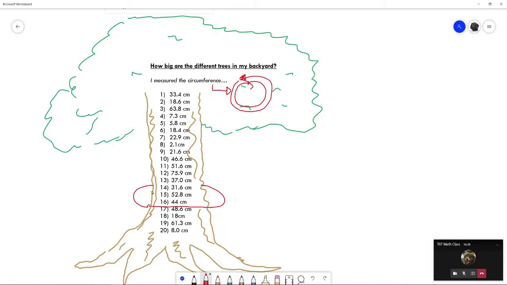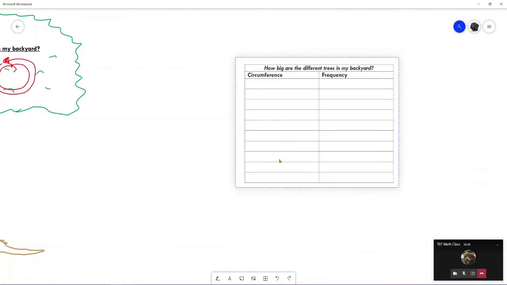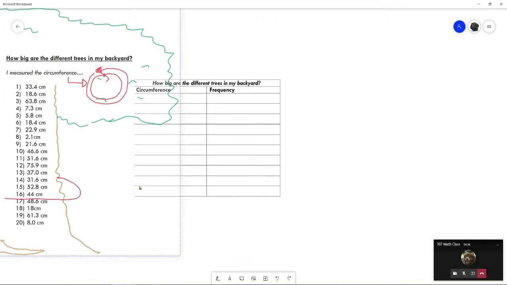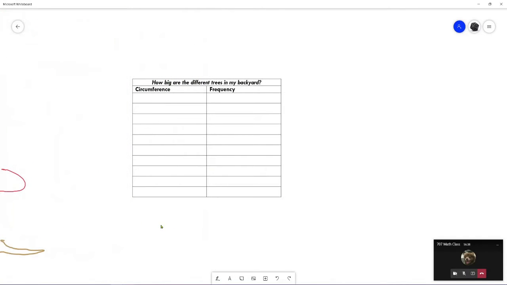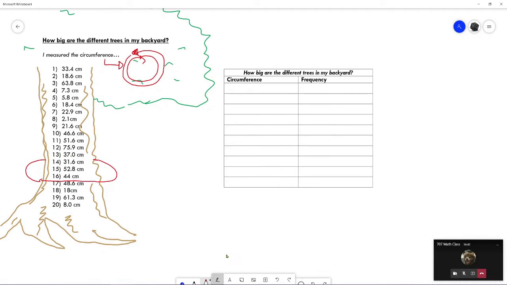So instead, what I can do is use a table and put ranges of data in here instead of just the individual data. In this first column, I'm going to go from 0 to 10 centimeters. Any tree that is between 0 and 10 centimeters in circumference, I'm going to put in this part of my frequency table.